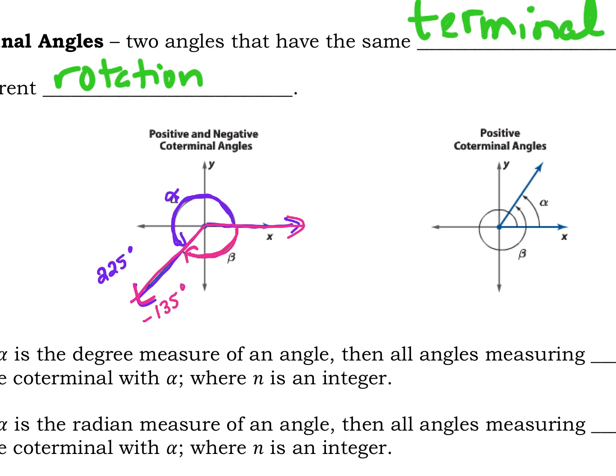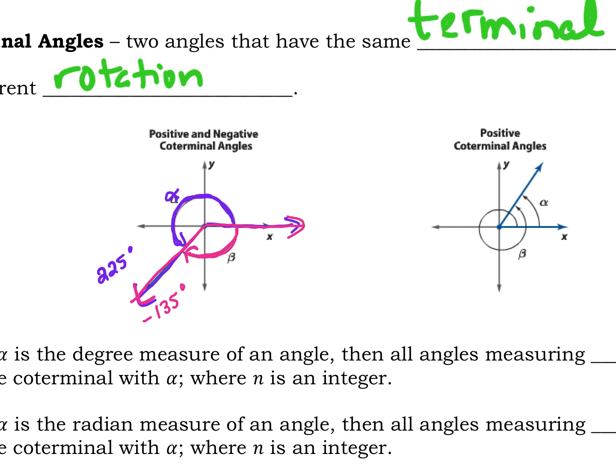So what this is showing us or telling us is that 225 degrees and negative 135 degrees are coterminal angles. They start in the same spot, they end in the same spot, but we're rotating differently to get there.